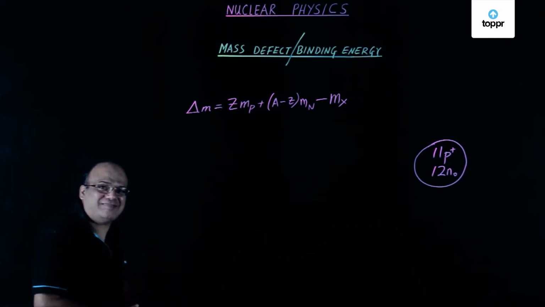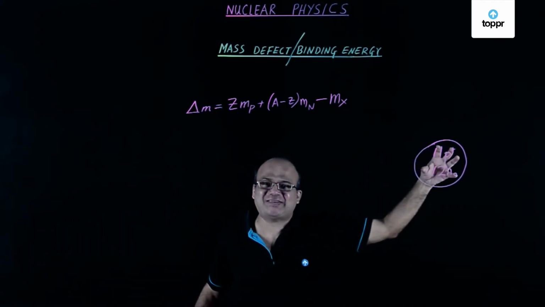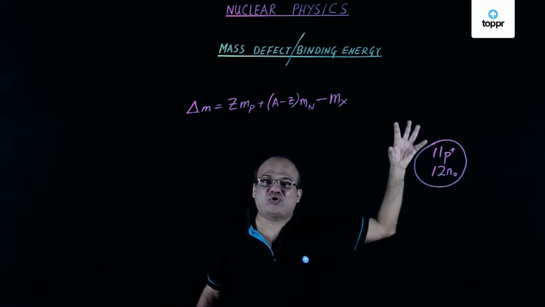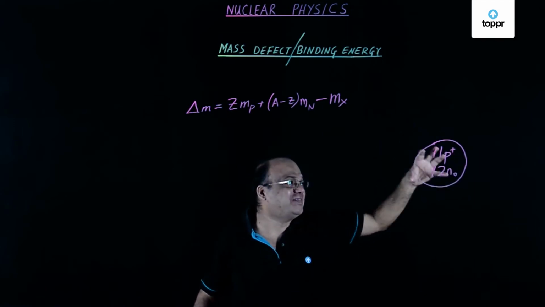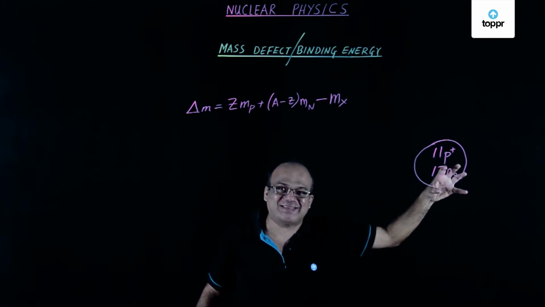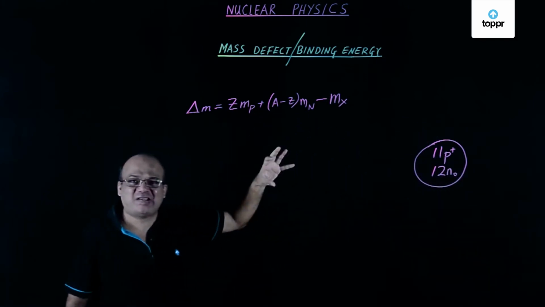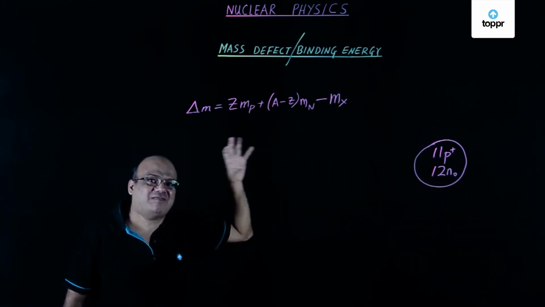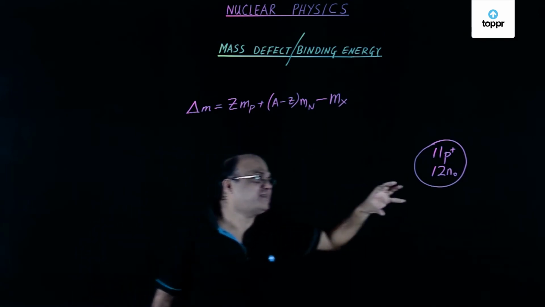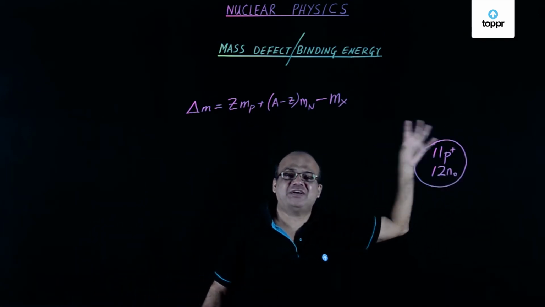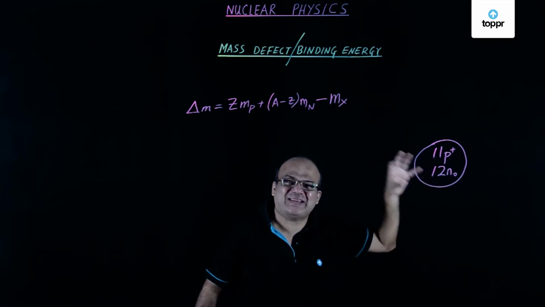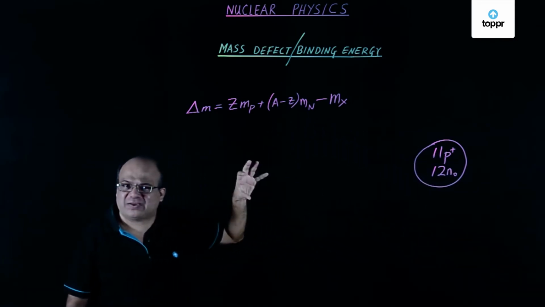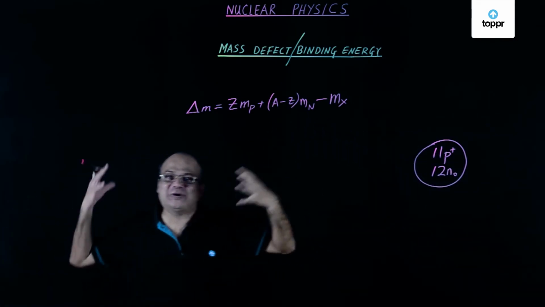Please understand this very carefully. This has got 11 protons, 12 neutrons. But the mass of this nucleus is less than the mass of 11 protons and 12 neutrons. Some mass is lost in the formation of the nucleus, and that is called mass defect. Imagine you are God.